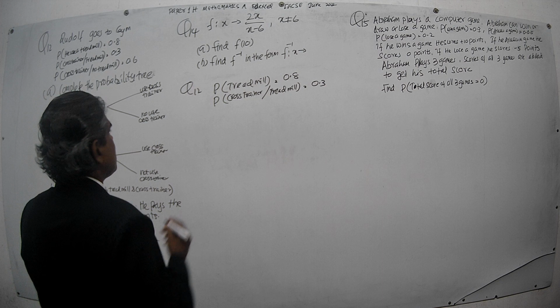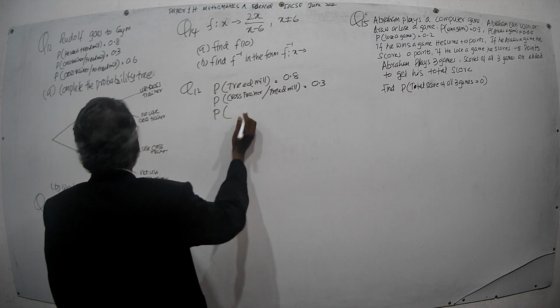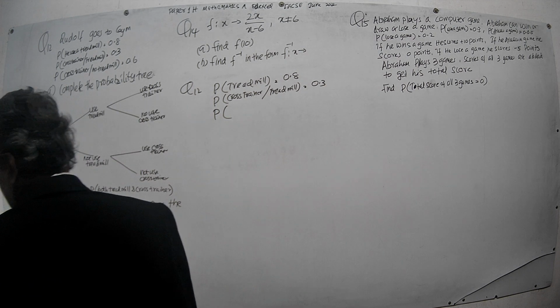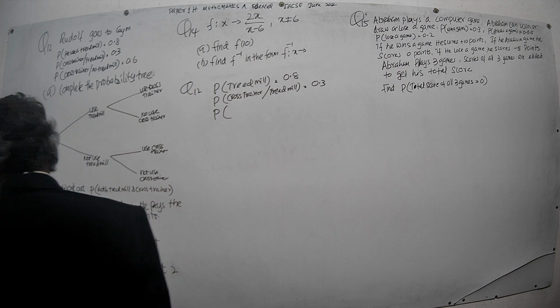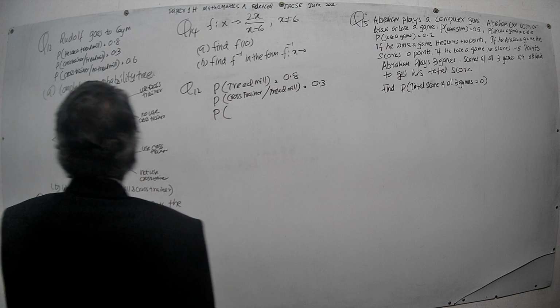In the next one, they say when he does not use the treadmill, the probability that he uses the cross trainer is 0.6.